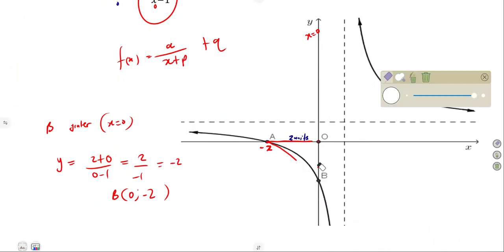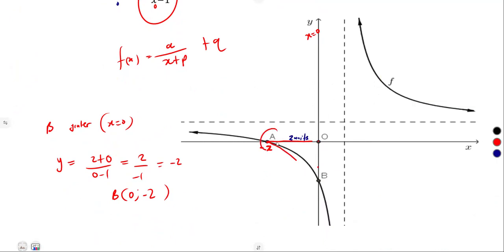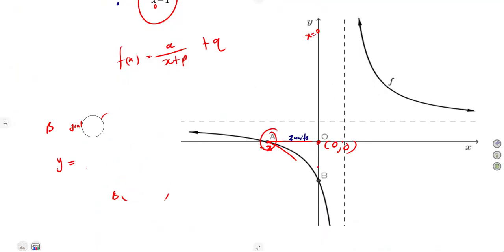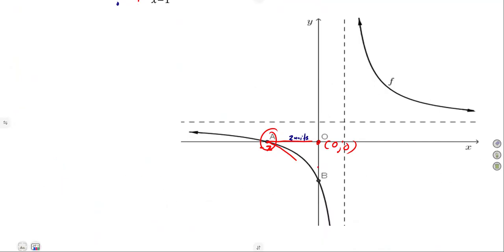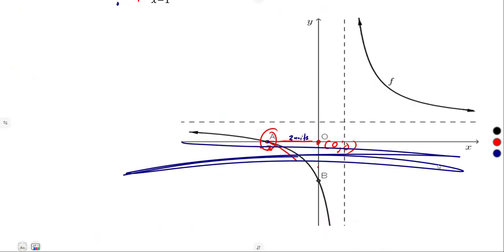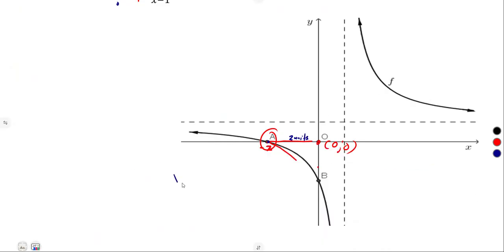The point A is at negative 2. So it is shifted until it is at the origin, which is 0, 0. Ask yourself that the shift from A to the origin represents what? It is in the horizontal line. We talk about a horizontal shift.